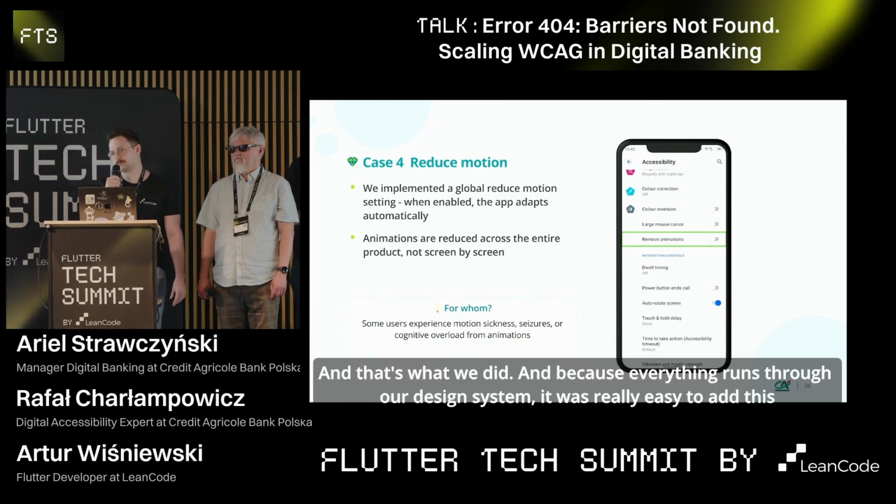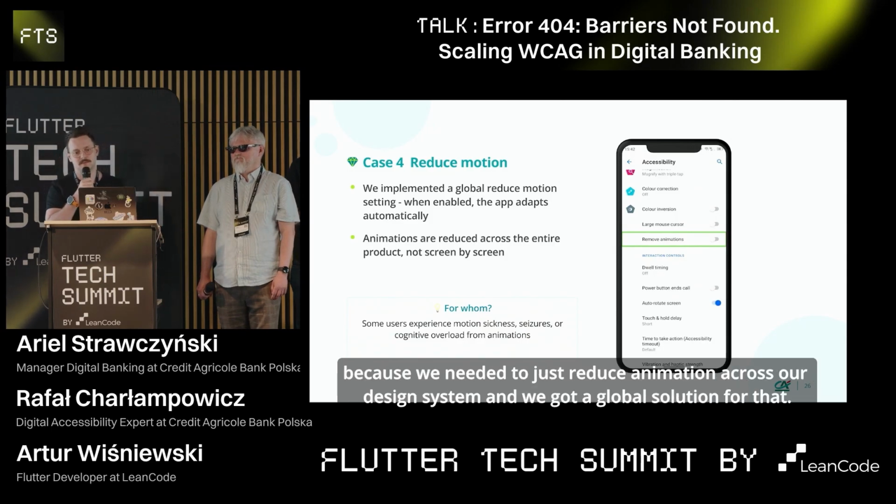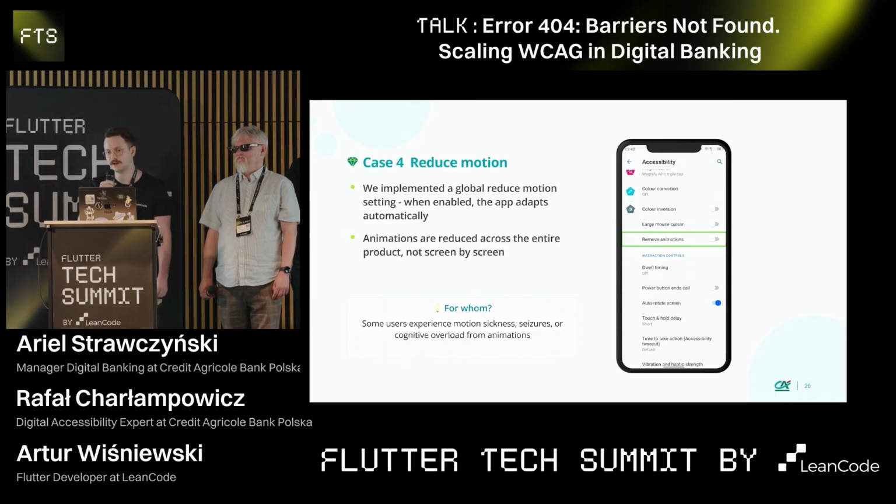And that's what we did. Because everything runs through our design system, it was really easy to add this, because we just needed to reduce animation across our design system. And we got a global solution for that.